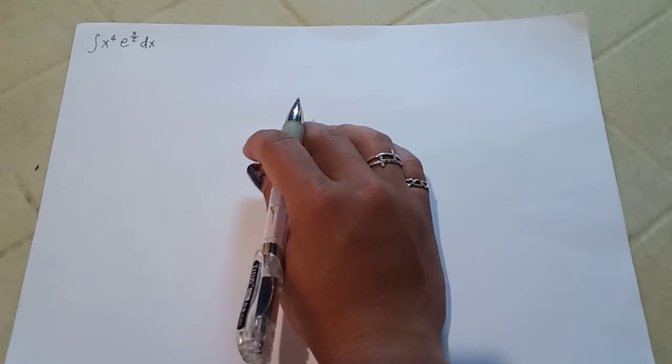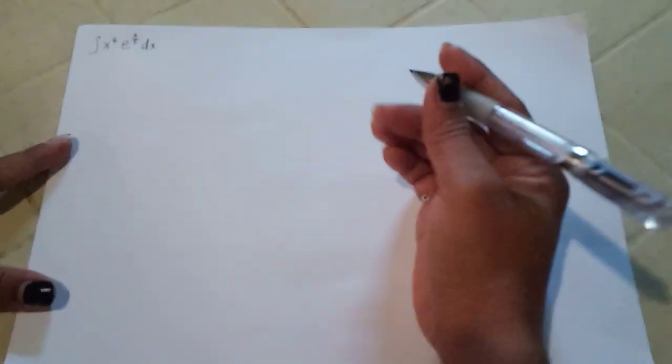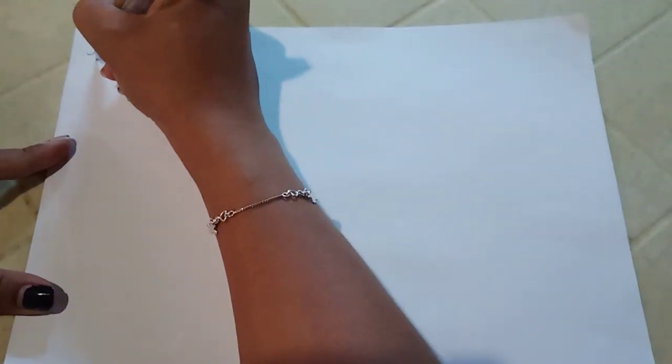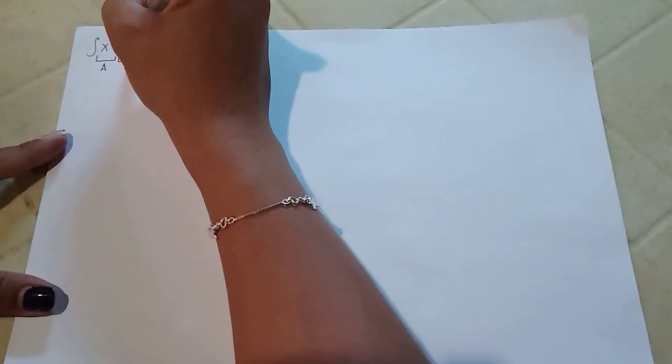Okay, now we are going to discuss the integral of x raised to 4 multiplied by e raised to x over 2 dx. Now using your LIATE, this is algebraic and this is exponential.